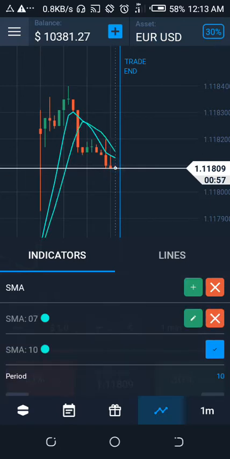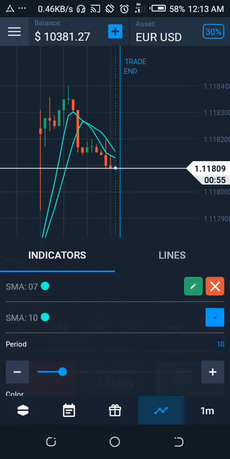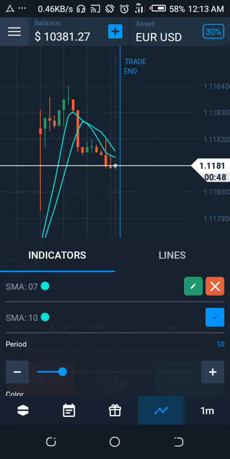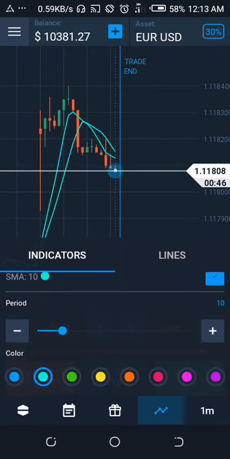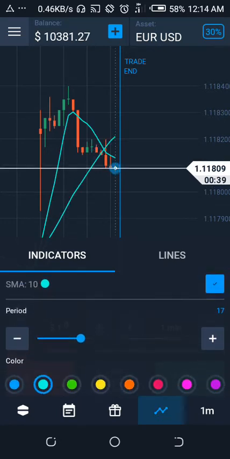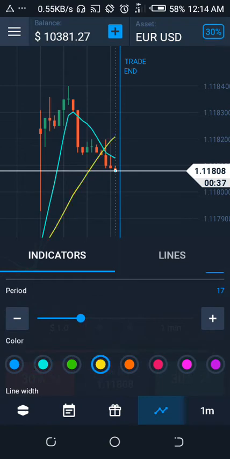Then you click on SMA 2. You set the second SMA to SMA 17. Try to set it to 17. As you can see, then here you put color yellow.